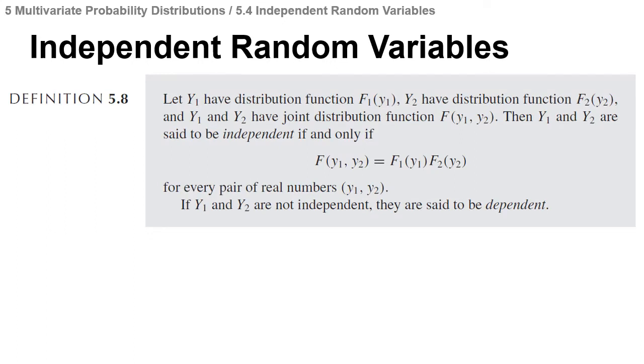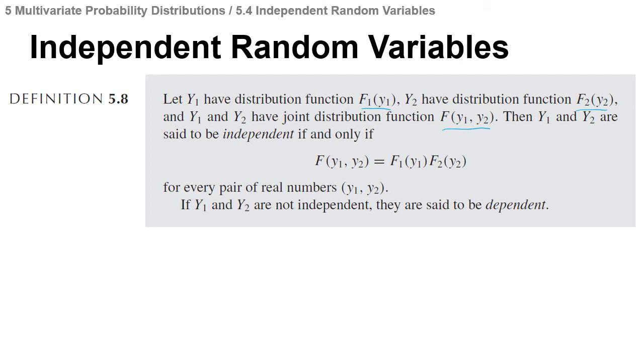Next one is chapter 5.4, independent random variables. Let's look at definition 5.8. Let Y1 have distribution function F1(y1) and Y2 have distribution function F2(y2), and Y1 and Y2 have joint distribution function F(y1, y2).